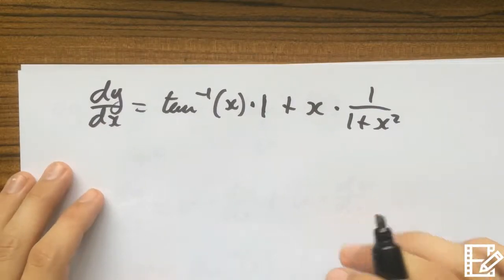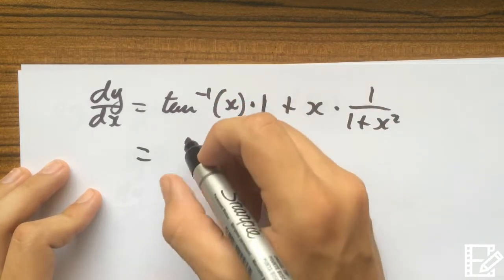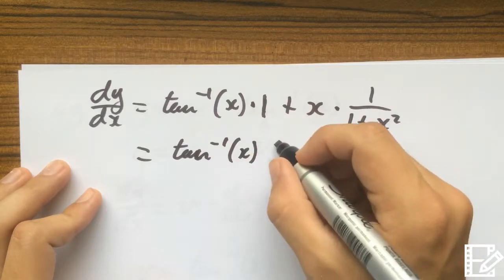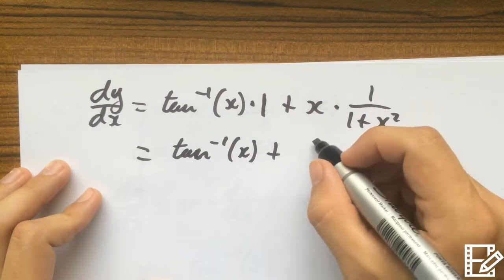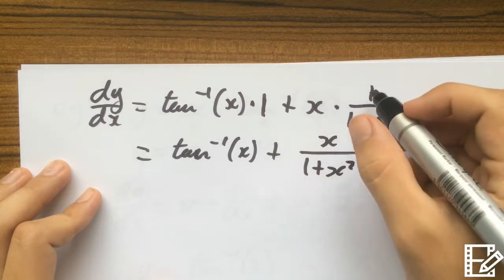Okay, now we have this, we can solve. Inverse of tan x multiplied by 1 is inverse of tan x, plus x on 1 plus x squared, because all we're doing is multiplying the x on top.